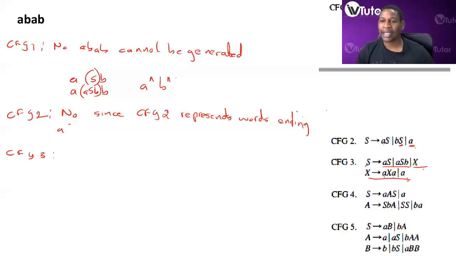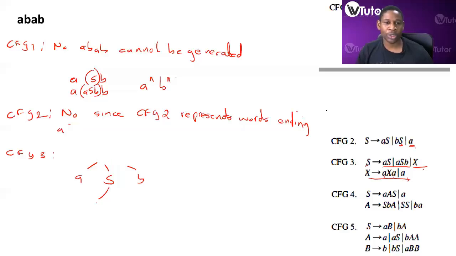But we see that AS and ASB, right? We want starting with an A, so we have S goes to A, this can be S, this can be B, right? And then we need a BA in between here, right? But then S can only go to A or ASB, meaning that this word cannot be generated.